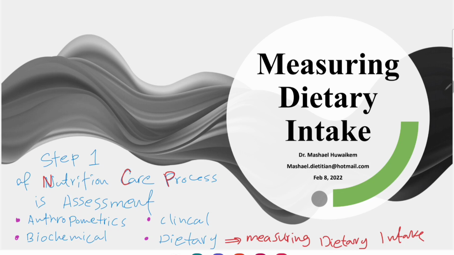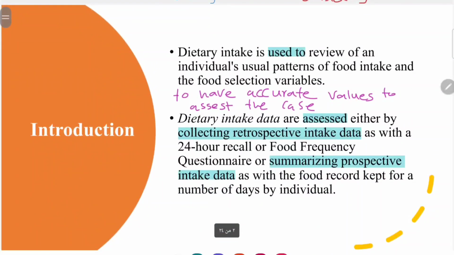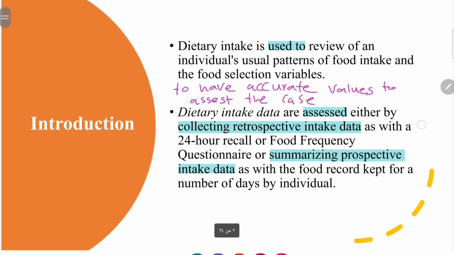واليوم راح نذكر النقاط أو كيف إن إحنا assess the dietary intake for the patient. The dietary intake is used to review of individuals' usual patterns of food intake and the food selection variables. فهنا راح نستخدم هذه الطرق اللي راح نذكرها في الشابتر عشان نعرف الباترن اللي بالعادة البيشنت يستخدمه في نظام الأكل حقه أو الاختيارات حقتها.